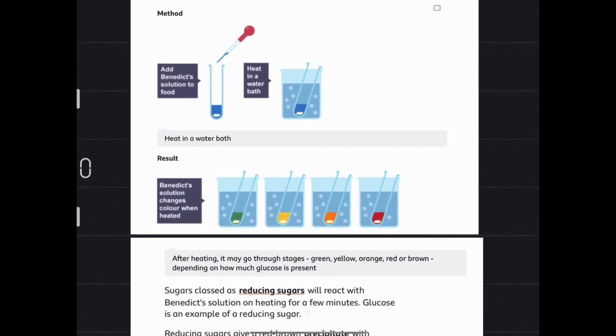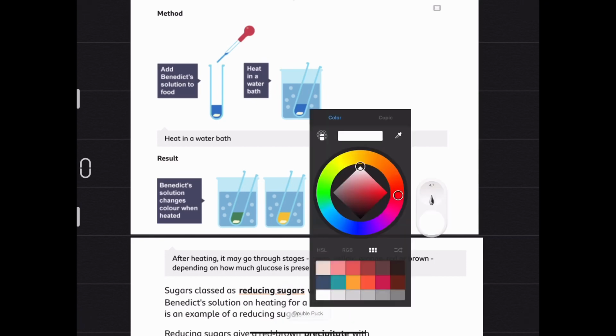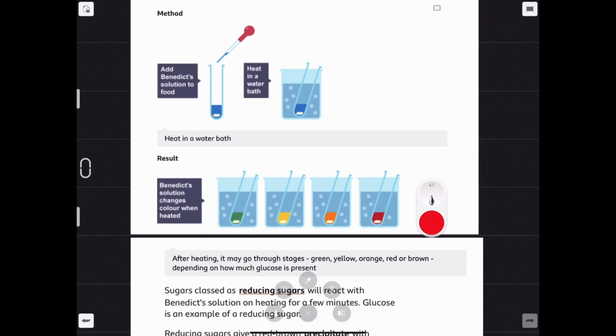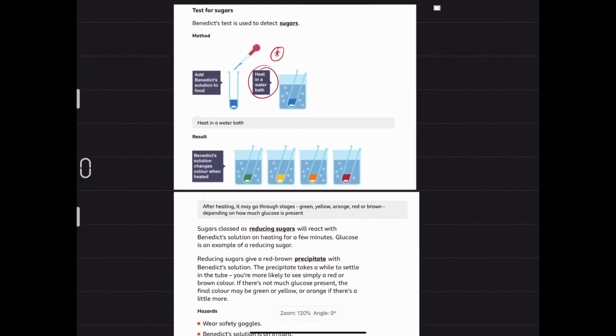We are adding Benedict's solution to a piece of food in a test tube, and we heat that test tube in a water bath. Okay, so this heating in a water bath is important. Okay, so just be aware of that. Heating in a water bath. And here are the positive results.